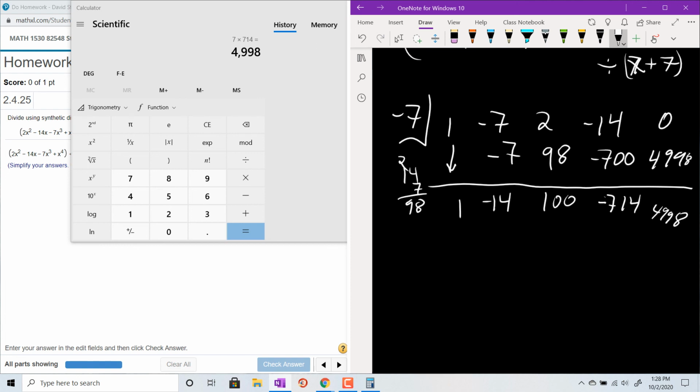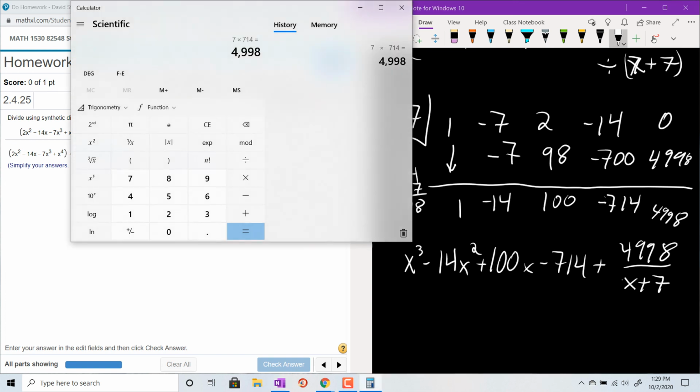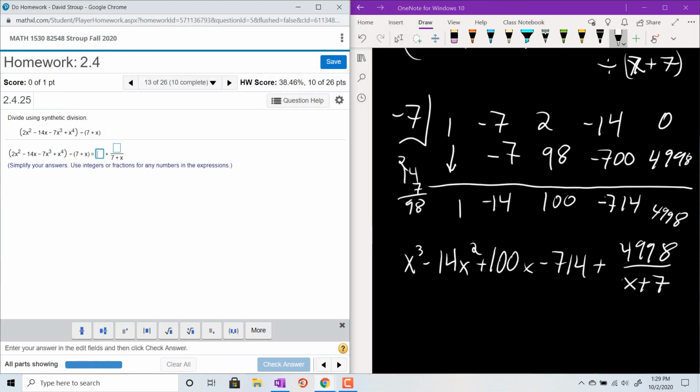So our answer, 1 degree less than the original polynomial, will be x cubed minus 14x squared plus 100x minus 714 plus 4998 all over x plus 7. That seems crazy to me, but let's go ahead and see.